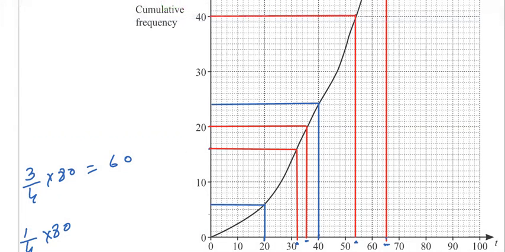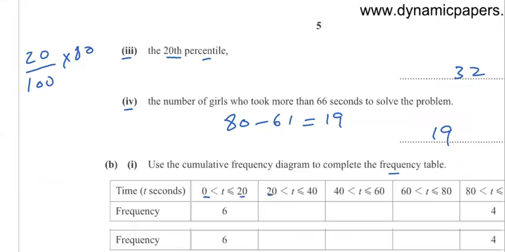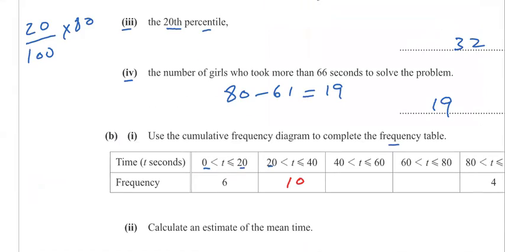Let's see what this value is: 1, 2, 3, 4, 5, 6. This is 6. And what is this one? 1, 2, 3, and then 10, 11, 12, 13, 14, 15, 16. How many numbers are between them? There are 10 numbers. So I can say the frequency is 10.